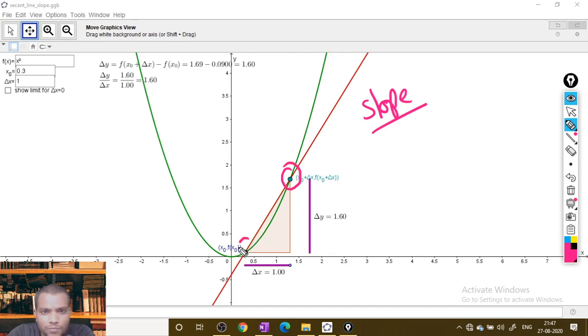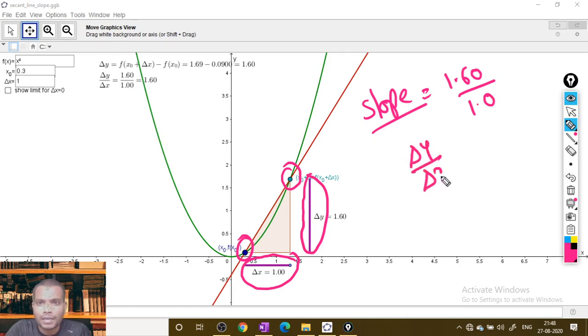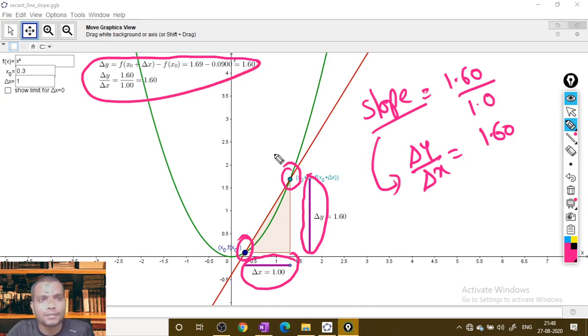Slope equals the change in the y component, delta y, upon the change in the x component. Here delta y is 1.60 and the change in x is 1.0. So delta y by delta x, which is also known as slope, equals 1.60.